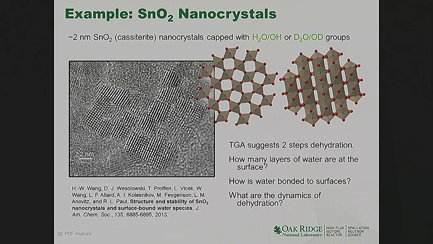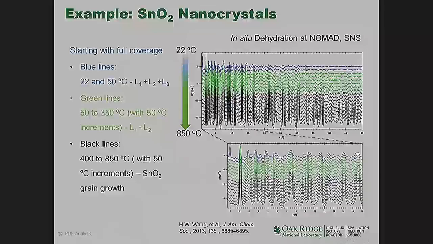And so they want to know how many layers of water are there, how is it bonded to surfaces, and what are the dynamics of dehydration. They're intimately linked to the growth and stability of these materials. So, at least in Tennessee, when you have tin oxide sitting out, it does absorb a lot of water to the surface.